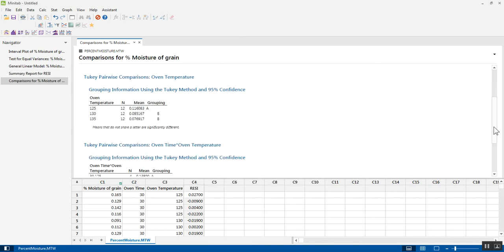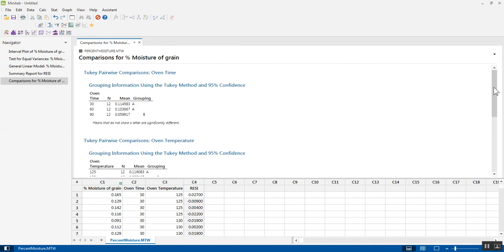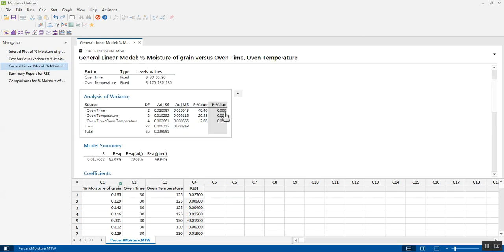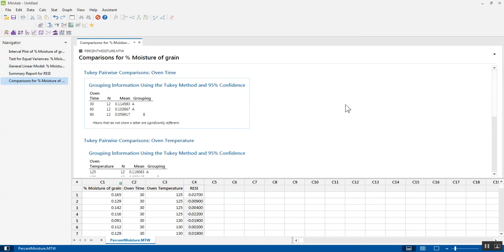There's my A's and B's purely for the factor of oven temperature. Remember, we've got a significant effect of oven temperature that was reported by the ANOVA earlier on: a significant effect of oven time, a significant effect of oven temperature, and the weakest of significant interactions. It's weak, but it's not something I'd want to go ignoring. So there's my comparisons. Notice how in Minitab 19 we can navigate between all the analyses we've been doing.